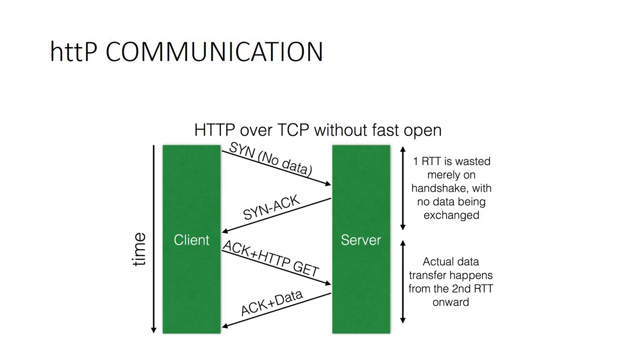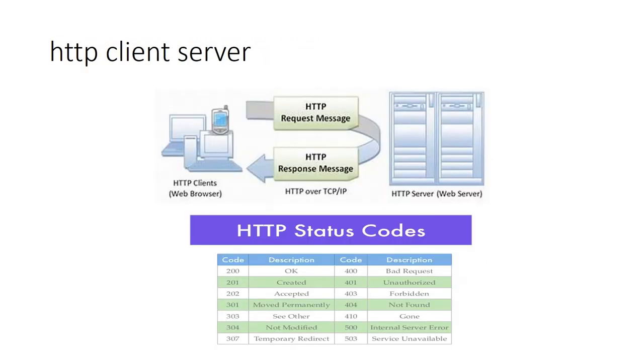Now you can see on the screen the HTTP communication. Again I am saying handshake and acknowledgement of data. So it's a totally acknowledged way of communication, hence it takes time. In an HTTP client communication, we are now going into the application layer, where you send a question, like a message, then you get a response.